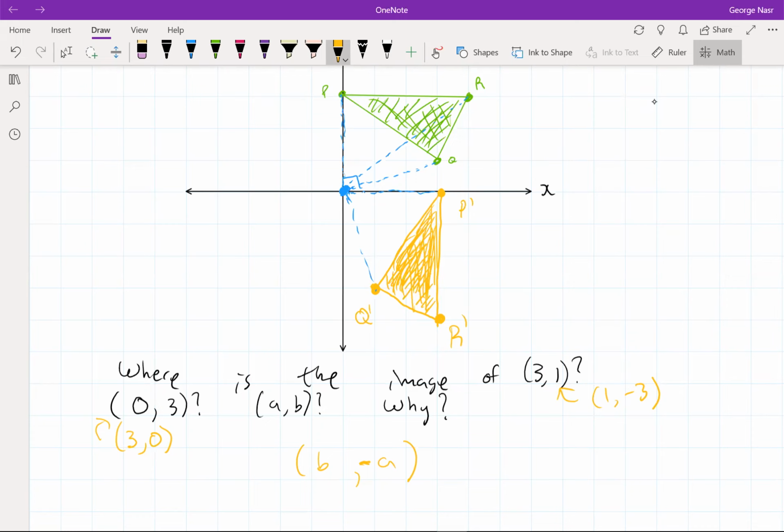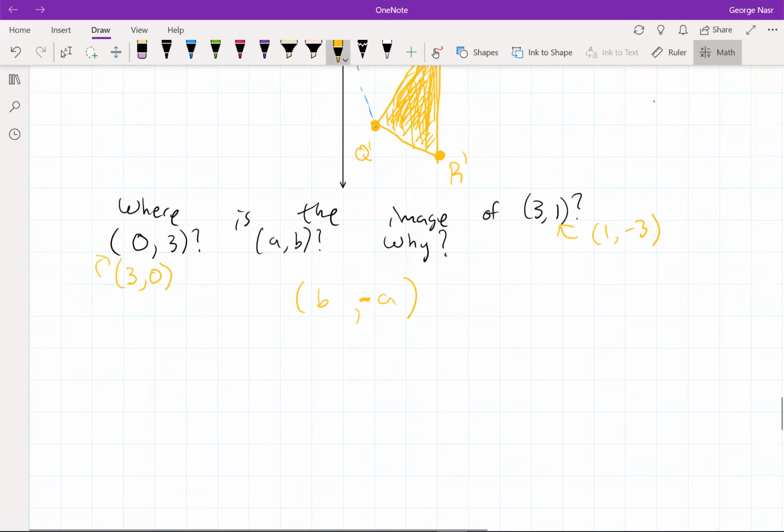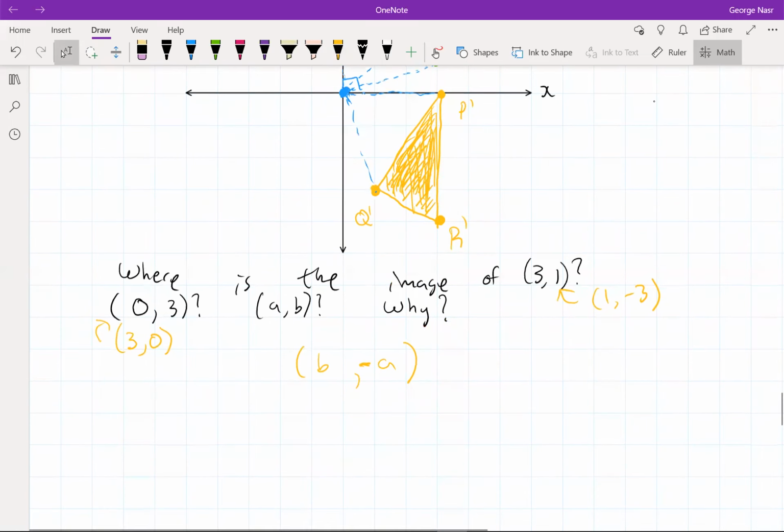As for a reason why, I'm not going to write down something detailed here. I'd rather you guys think about what happens to the axes.